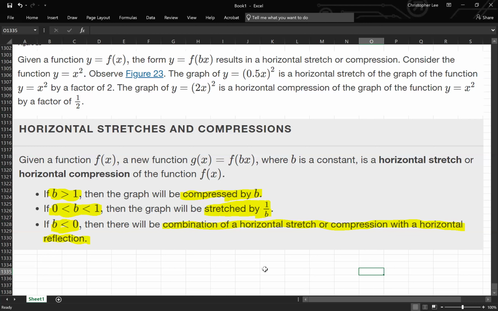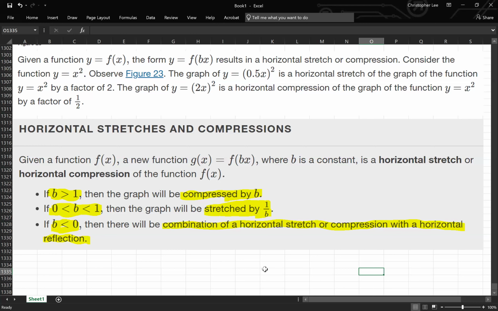I'm thinking of y equals x squared. If x was 2, the y component would be 4. But if it was compressed by 2, so like 2x, that would be 2 times 2, 4, and 4 squared would give me 16.